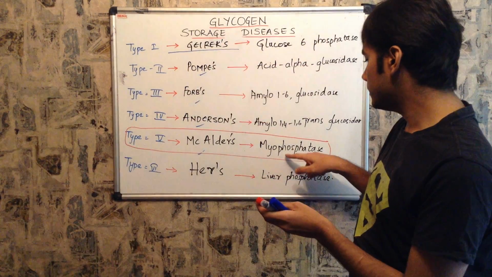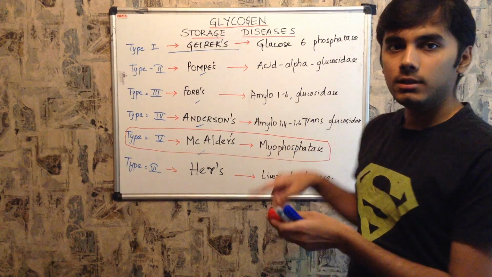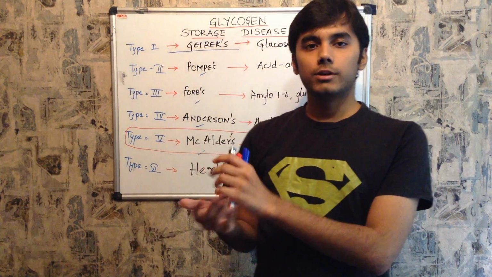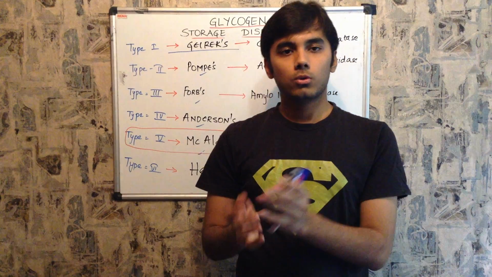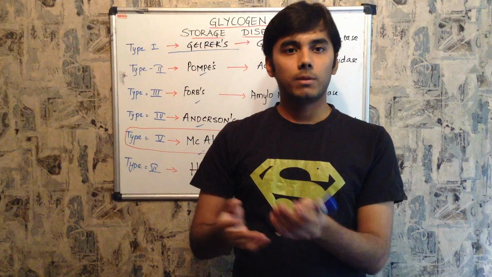Glycogen must be converted into glucose by the action of this enzyme myophosphorylase. When this enzyme is absent, glycogen will no longer be converted into glucose.